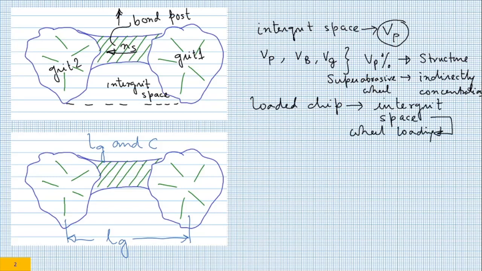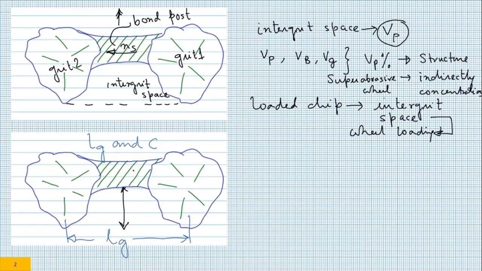So ultimately, to analyze this problem, I have to find out how much intergrid space is there. Today we will not go into the analysis, we will just describe the phenomenon. Only one thing I will say, that intergrid space is decided by how much is there.